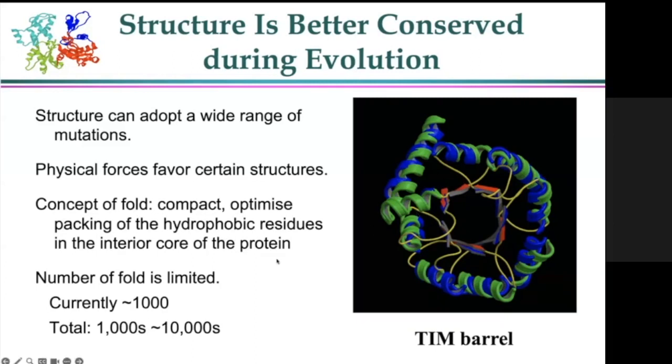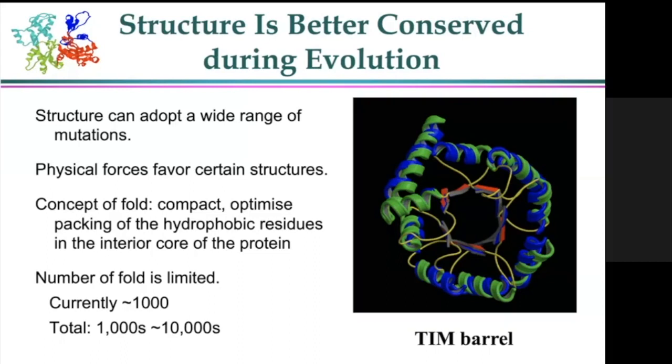There are actually many folds discovered already. It depends on how you classify folds. There are some different ways to do it. But roughly, we're talking about 1,000 folds discovered so far. People estimate there should be an upper limit on the number of folds, but of course we do not know.